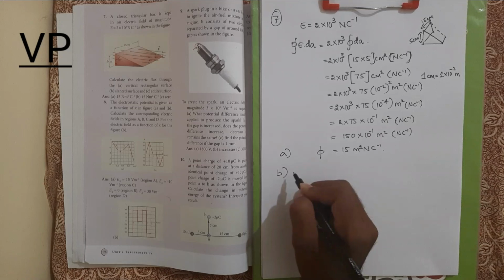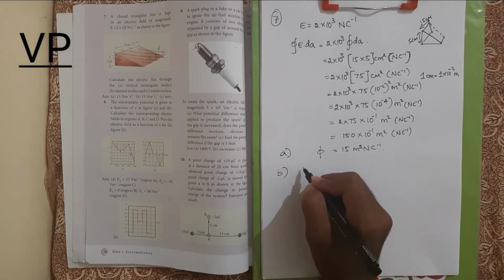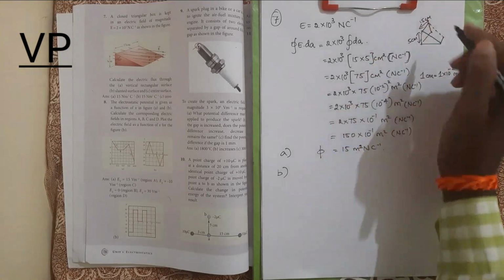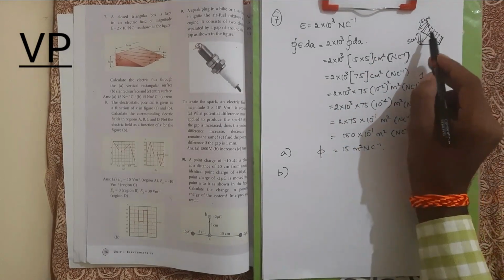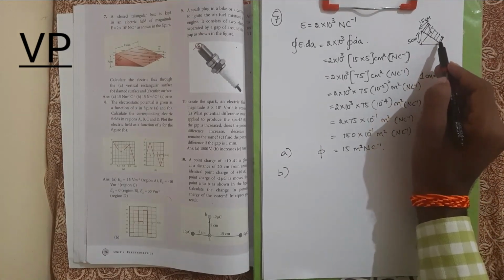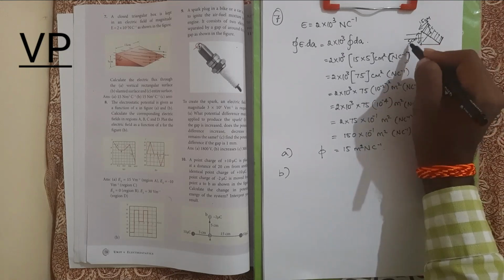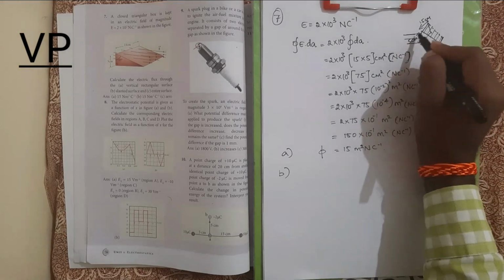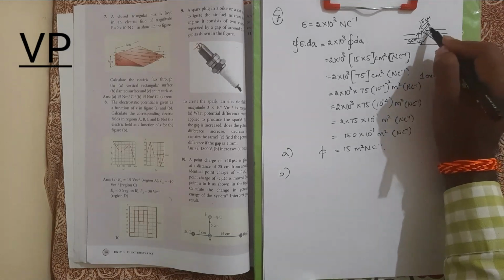In part B, they have asked us to calculate the flux through the slanted surface, that is the slanting surface, which is shown here. To calculate the flux through the slanting surface, you shall note that in the picture the electric field lines that are passing through the vertical surface are coming through this slanting surface.